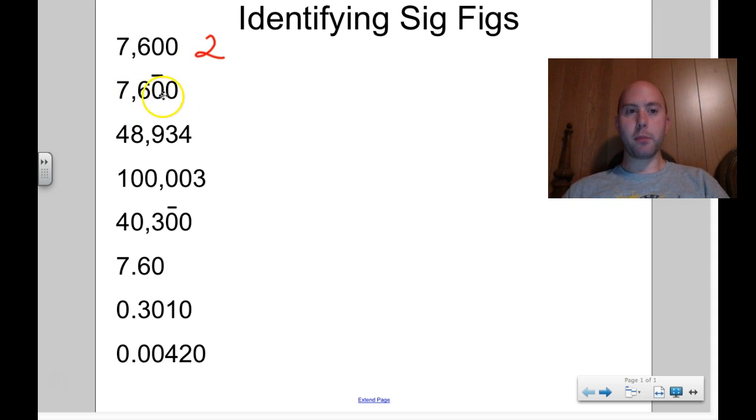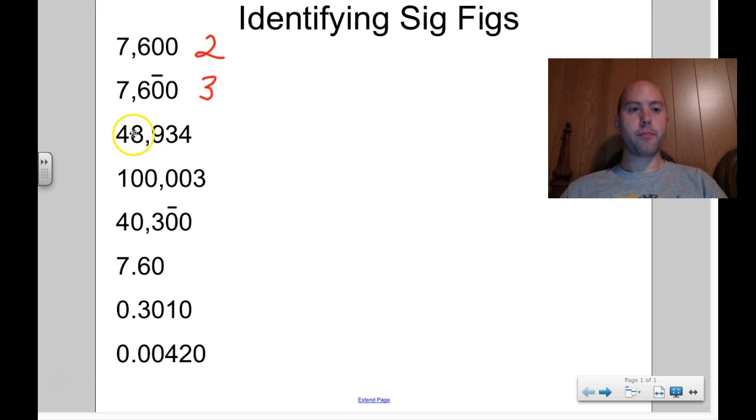So in this number, there are three sig figs. The reason why is there are two non-zero digits, so there's 1 and 2. This zero has a bar over it, therefore it's a sig fig, that makes it 3. This zero has nothing special about it, it does not count. So there are three sig figs.